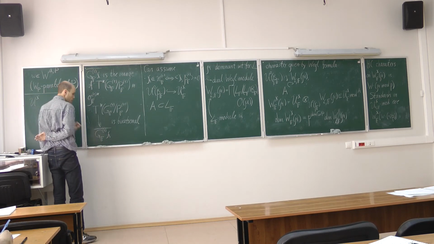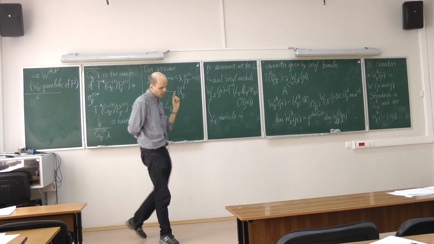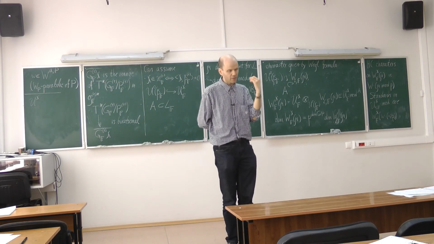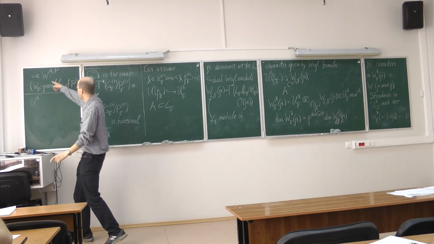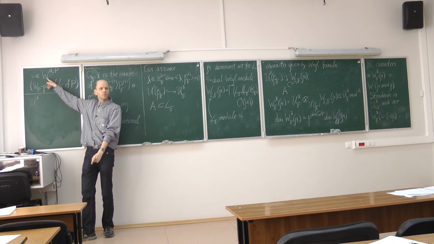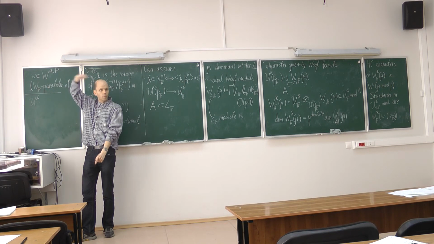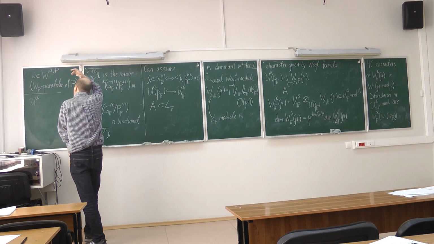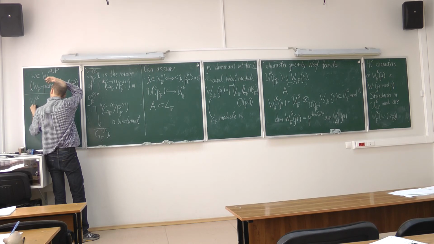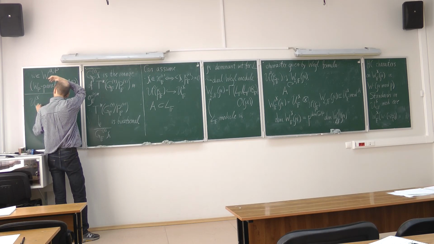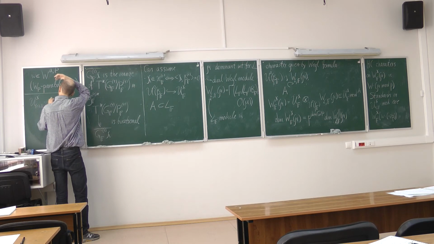Sorry, and this is going to be which left cell? It's the maximal left cell in this two-sided cell. So these are all elements which are less or equal than W0P. Okay? And we will take the left cell of W0P, the top left cell. So let me modify notation here a little bit, writing zero in round brackets.